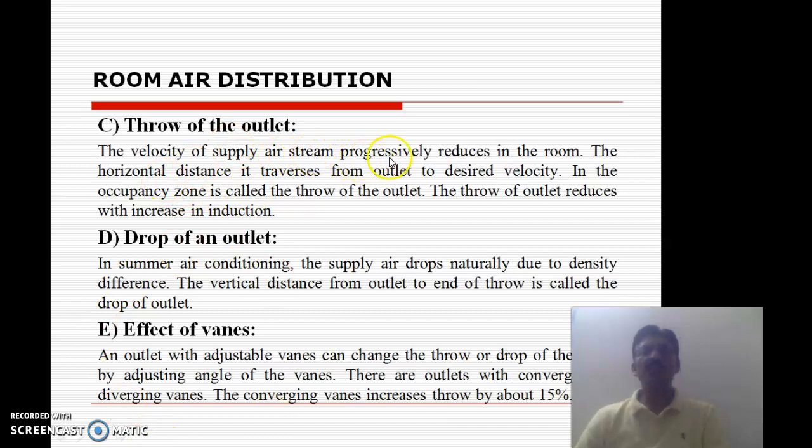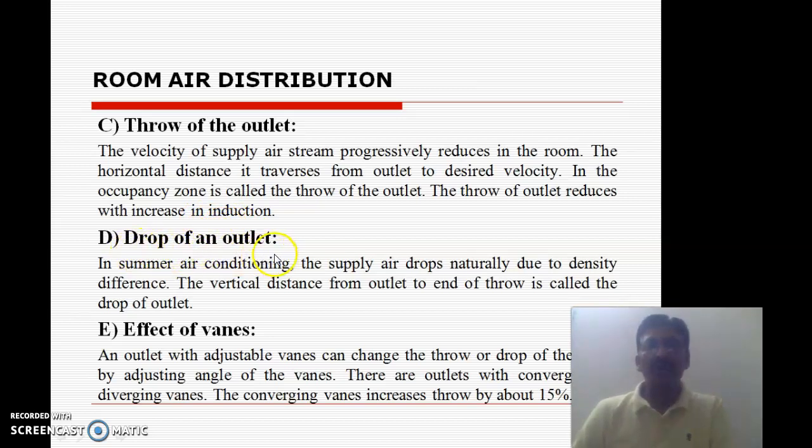The velocity of the supply air stream progressively reduces in the room. The horizontal distance it traverses from the outlet to the desired velocity in the occupancy zone is called the throw of the outlet. The throw of the outlet reduces with increase in induction. So as induction increases, the throw of the outlet decreases.